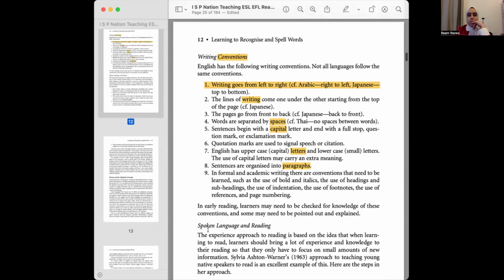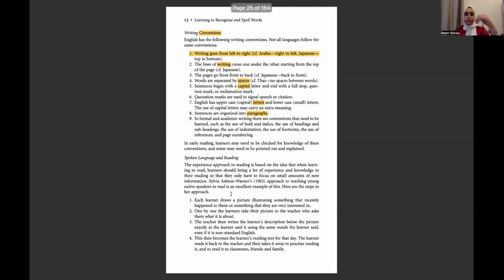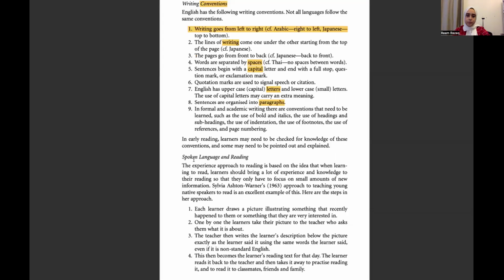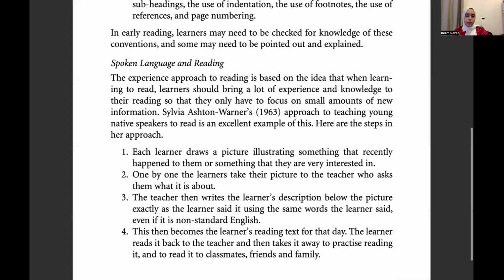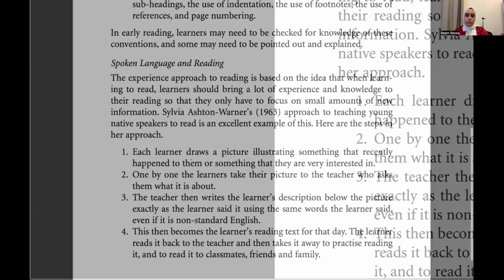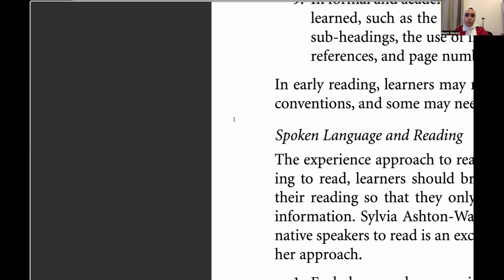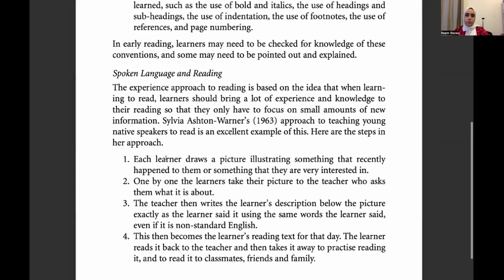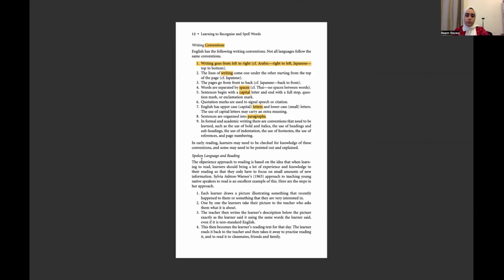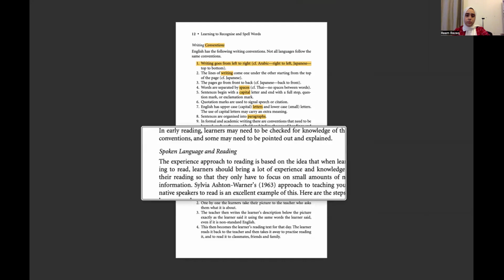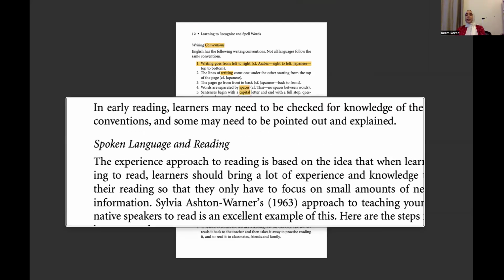We stopped here: the spoken language and reading, the experience approach.